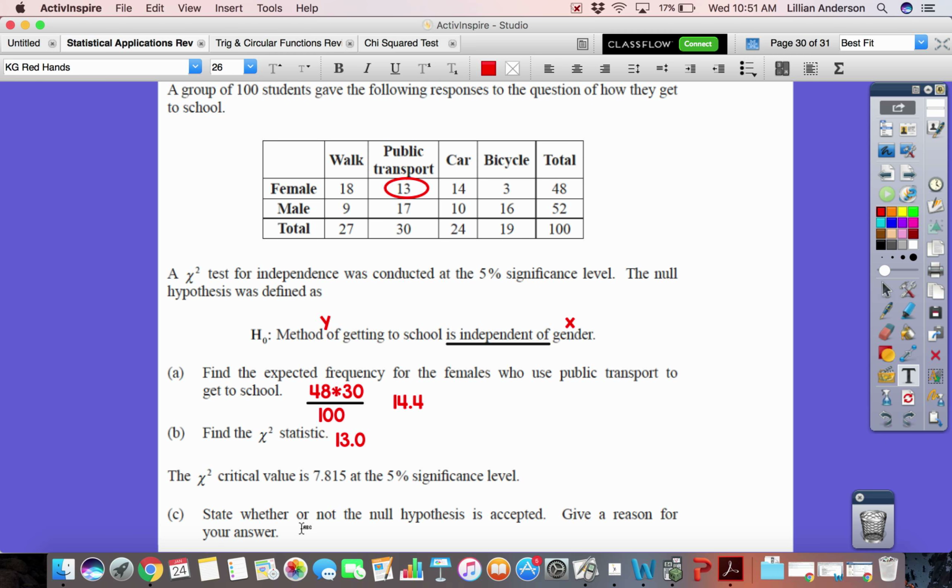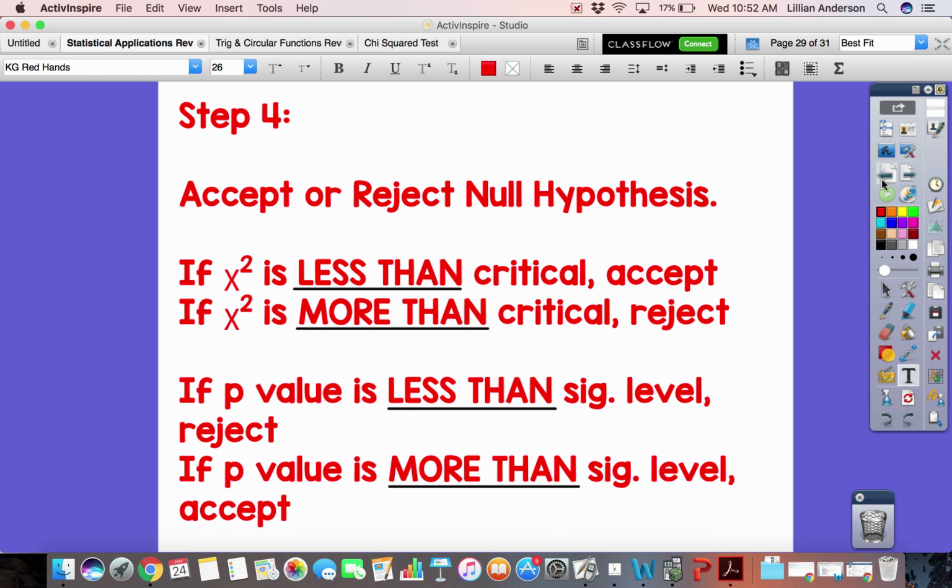Well, if I compare our chi-squared test statistic, which is 13.0, to our critical value of 7.815, we can see that the 13.0 is greater than our critical value. And when that happens, you are going to reject your null hypothesis.